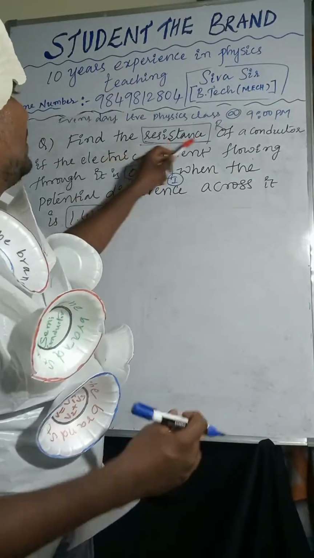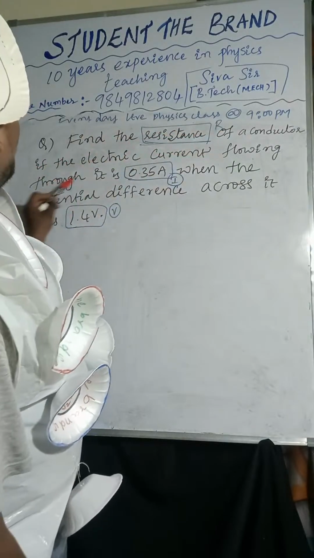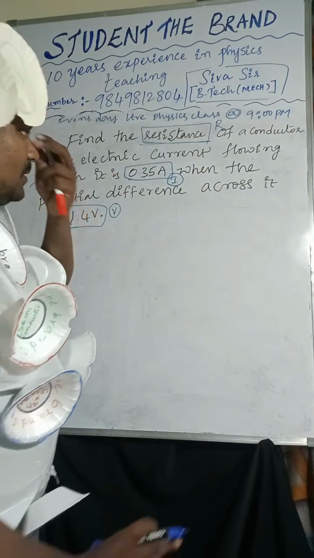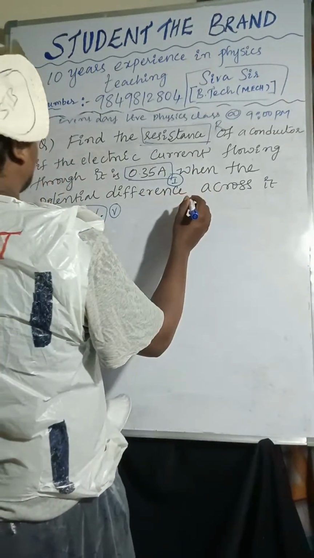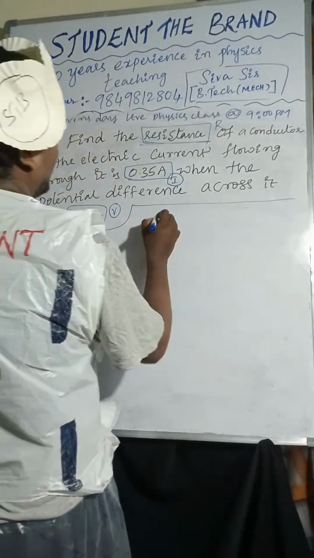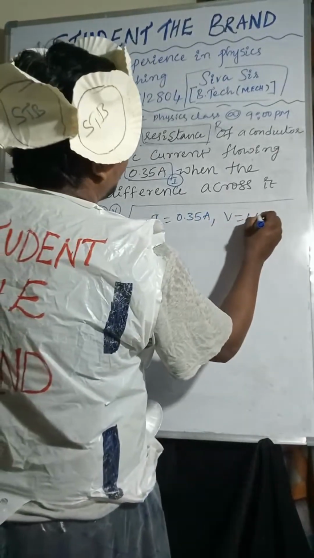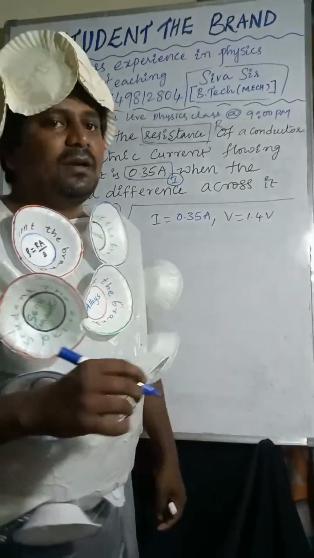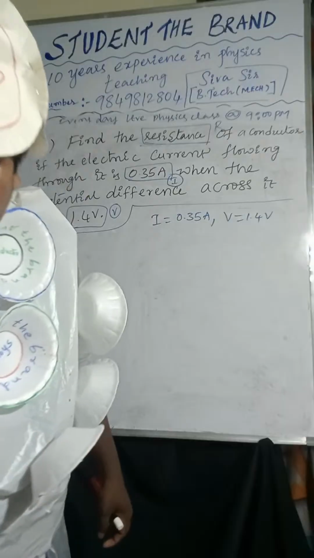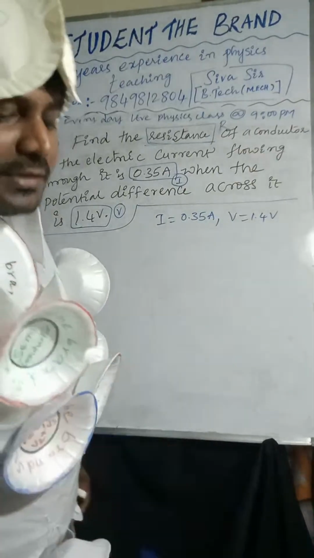So, find the resistance of a conductor if the electric current flowing through it is 0.35 ampere, when the potential difference across it is 1.4 V. Now you can see I am taking current I equal to 0.35 ampere and potential difference V equal to 1.4 V. Which formula can we use?